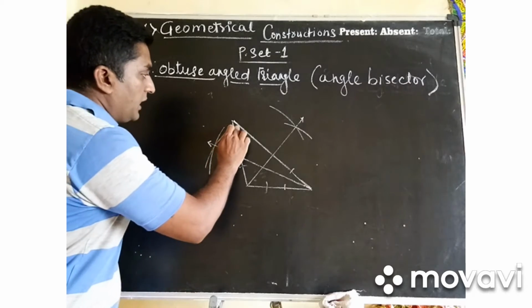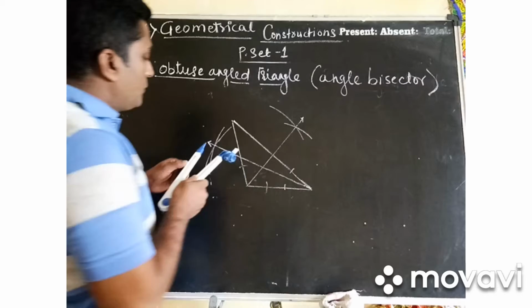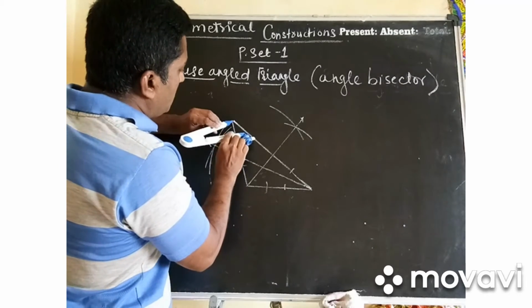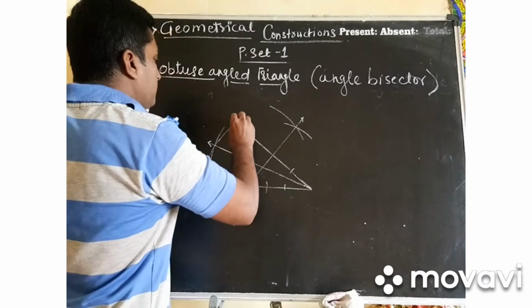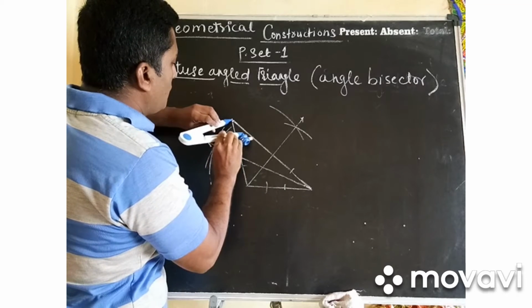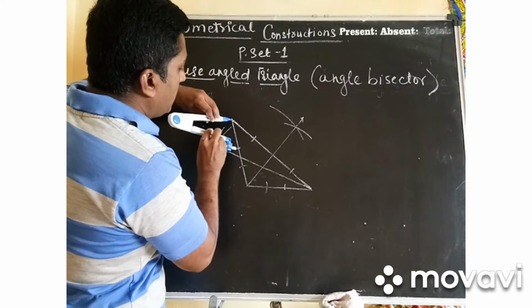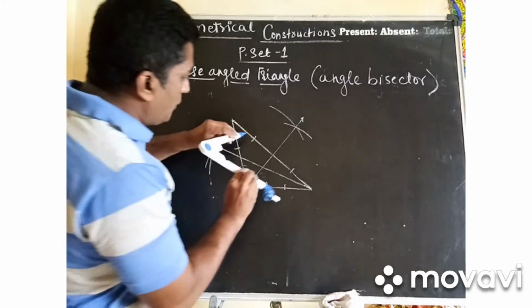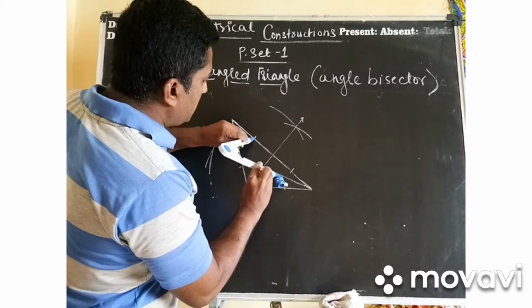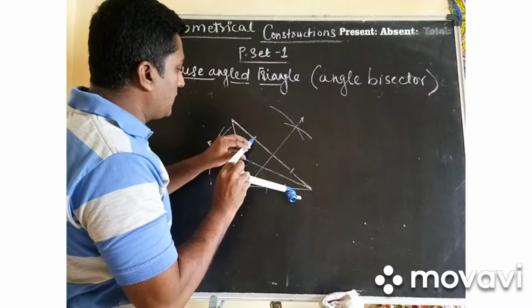Now my angle bisector has to come here. Now I am taking the third one, and for example, if this is the point of that angle, from here I am going to make an arc here, and I am going to make an arc here. 2 arcs are ready. I will hold it here. By holding it here, again I will make an arc here.